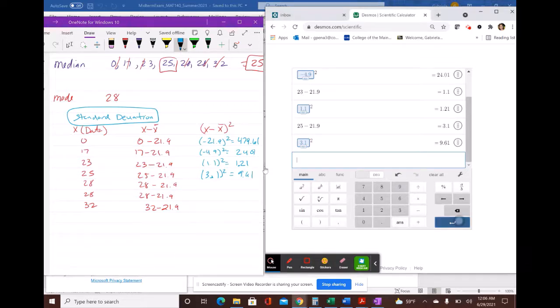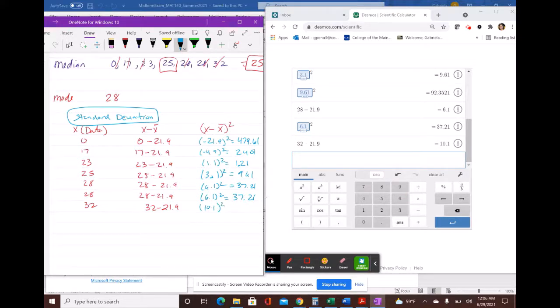And then we have 28 minus 21.9, and we get 6.1. And 6.1 squared is 37.21. And this one's going to be exactly the same answer. And then the last one is 32 minus 21.9, which is 10.1. We square it, and I get 102.01.